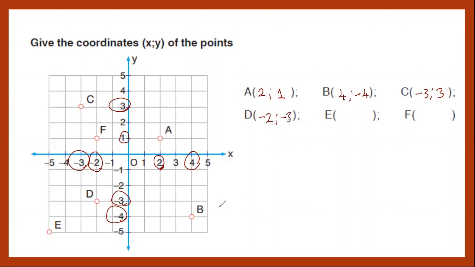So, tell me, what do you think about E? What is E? It's not hard to consider. Let's say on the x is negative 5, on the y is negative 5. Okay, so F, tell me now, what do you think about that? What is F?